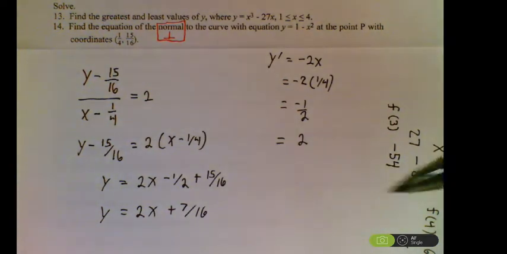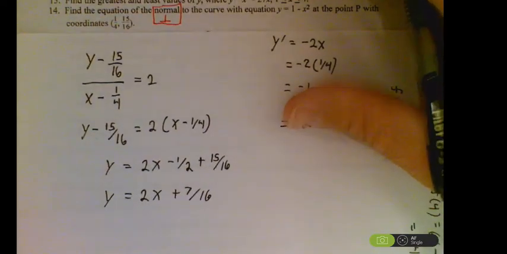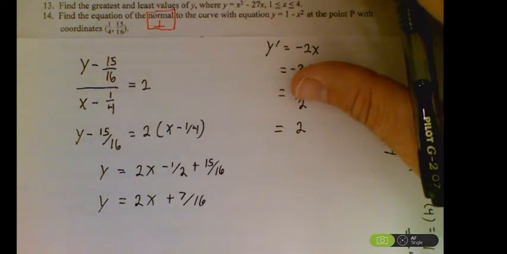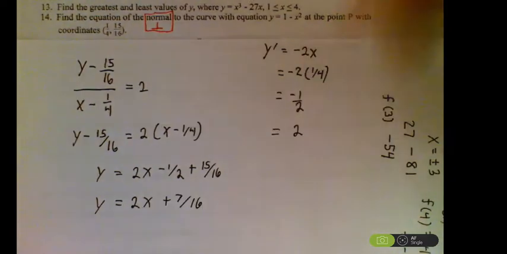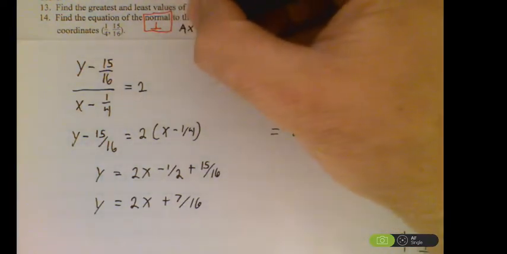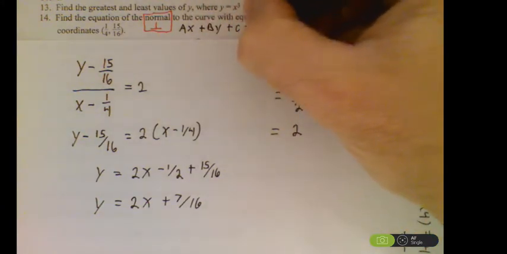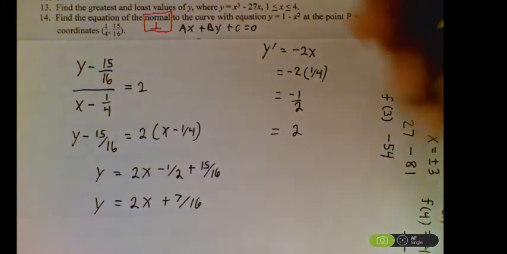There's other formats you could write, but usually these come with some set of directions on how to write your answer. This one really didn't, but this is something you really want to check for on a test question to see how they want the answer formatted. Sometimes they will ask you to put everything onto one side, which just means get everything onto one side.